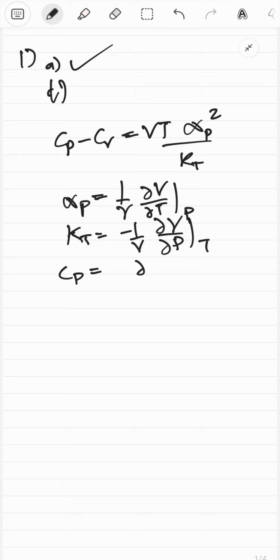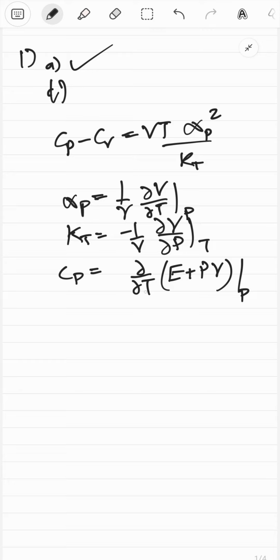We can say it's like dE plus PdV, right? That's one way to be seeing it. Heat capacity at constant pressure, well, you can always write it as that. So it's partial by partial temperature at constant pressure of, so basically like the enthalpy, which is just energy plus PV.